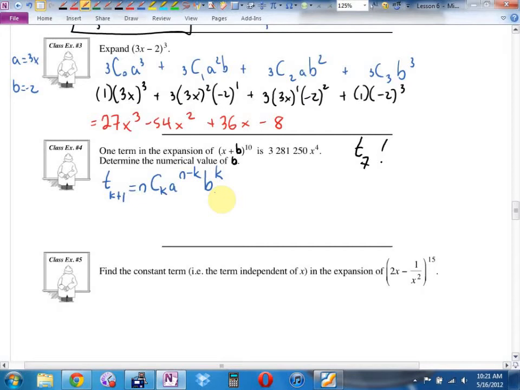In this question, what's n? 10, yes? Let's make the little note over here. N equals 10. What term do I want, Spencer? So I want a 7 to appear there. What would I put in for k so that a 7 would appear there?